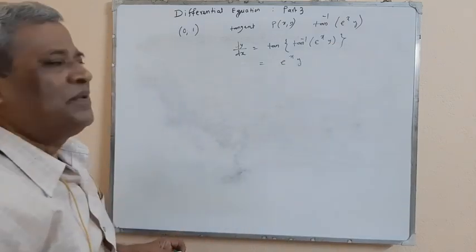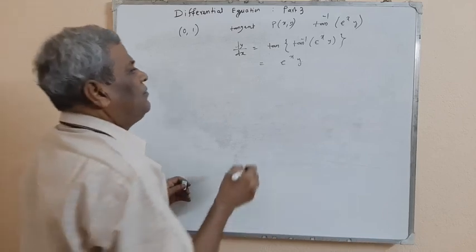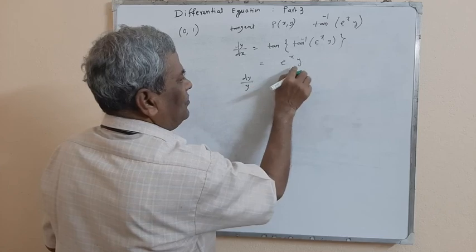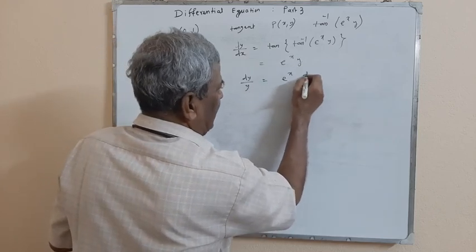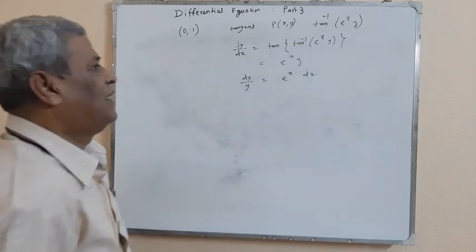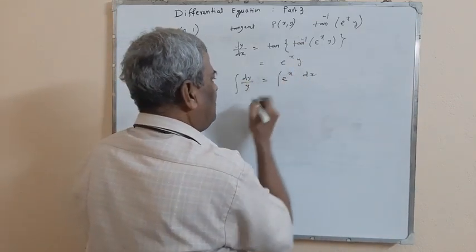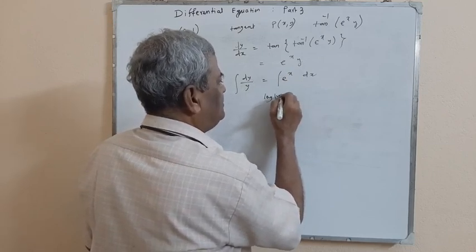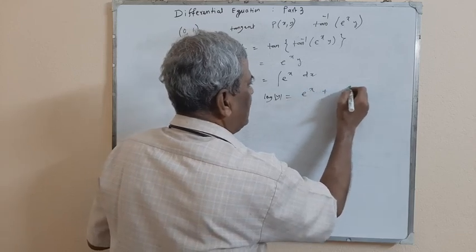Now it becomes a differential equation and very easily we can separate variables. It is dy by y is equal to e to the power x dx. Integrate: log y is equal to e to the power x plus some constant, say a.